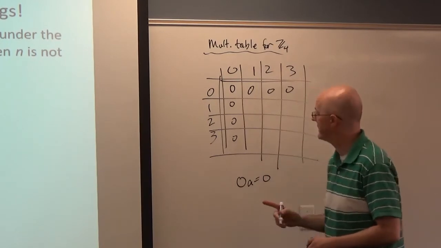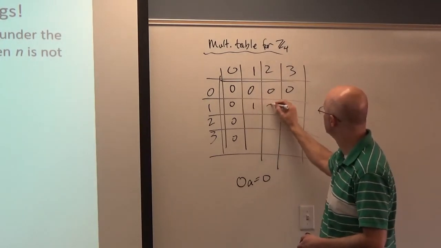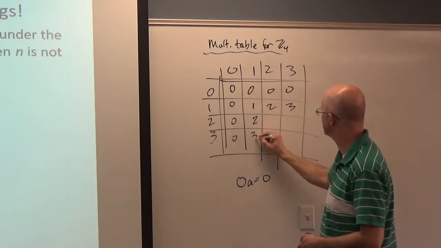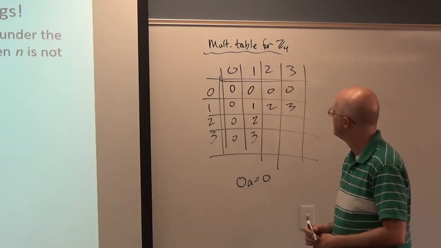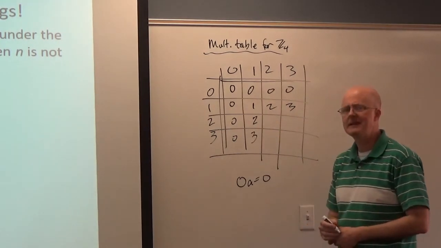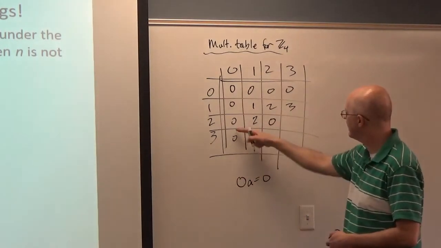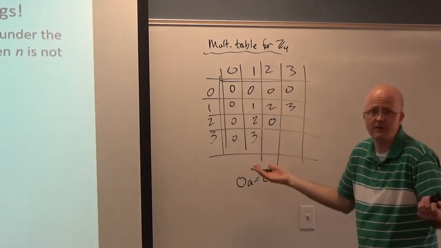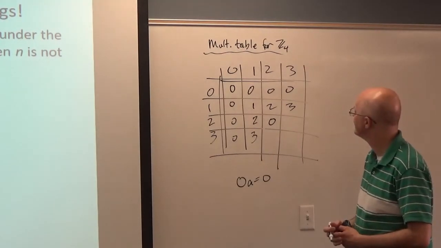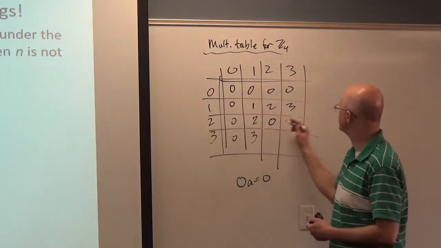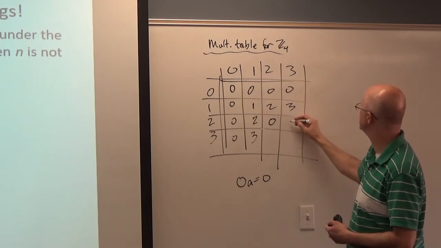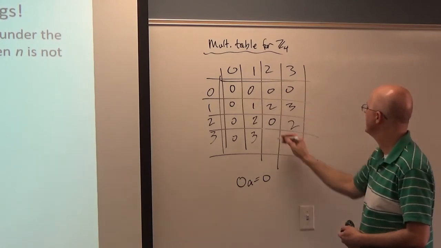1 is the multiplicative identity. 1 times anything is itself. We do get this, so this doesn't look so weird. But 2 times 2 is 4, which is 0 mod 4. We get another 0 in that row in this column. That's a weird thing. 2 times 3 is 6, which is 2 mod 4.